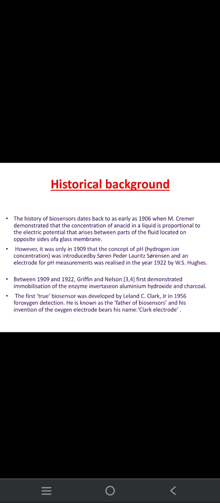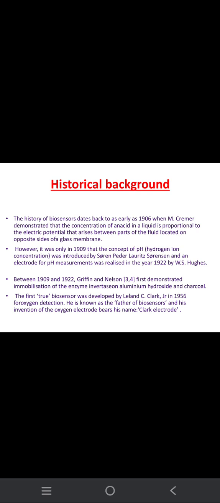Historical background. The history of biosensors dates back to as early as 1966, when Leland Clark demonstrated that the concentration of an acid in a liquid is proportional to the electric potential that arises between parts of the fluid located on opposite sides of a glass membrane.